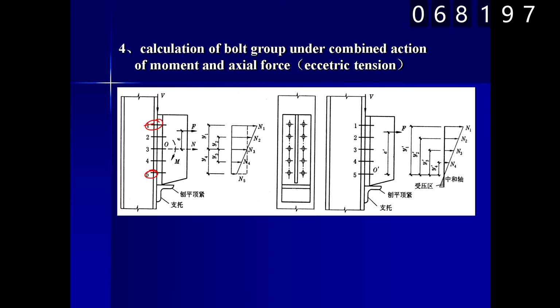Now you can see, if a force is not applied at the center of the connection, it will produce a moment, right? The moment should be analyzed with this equation, this method.